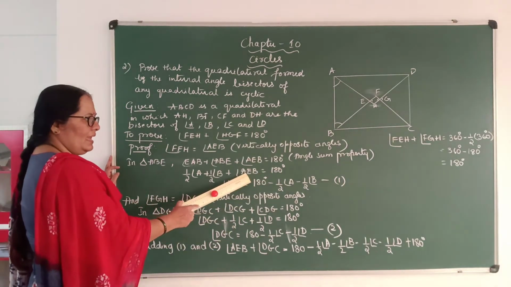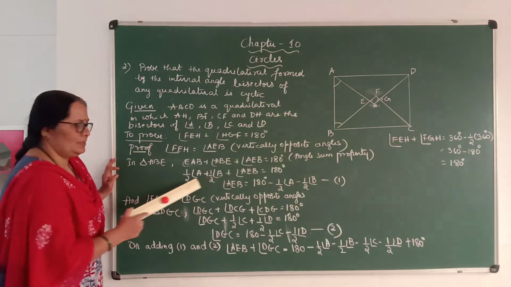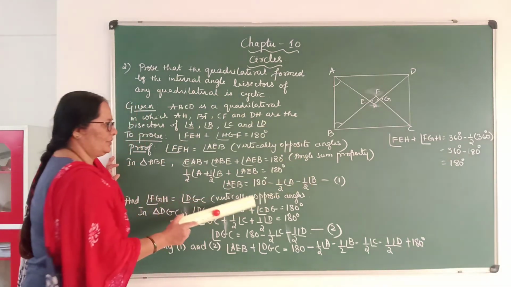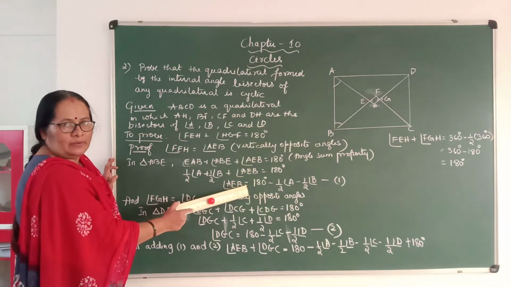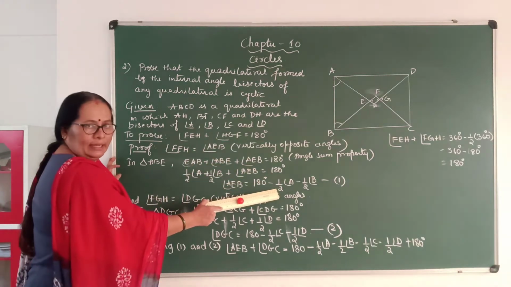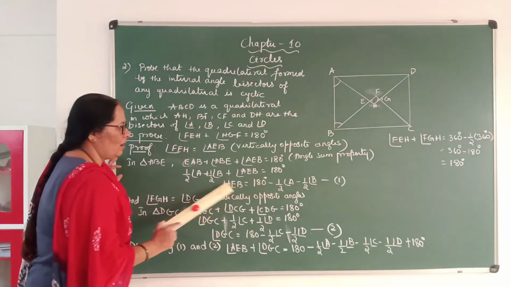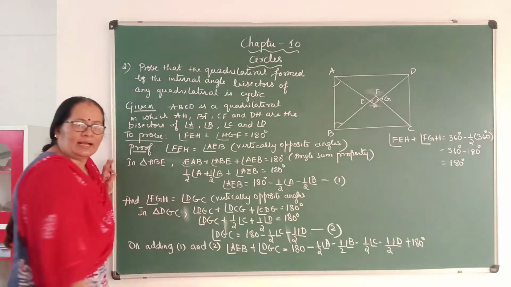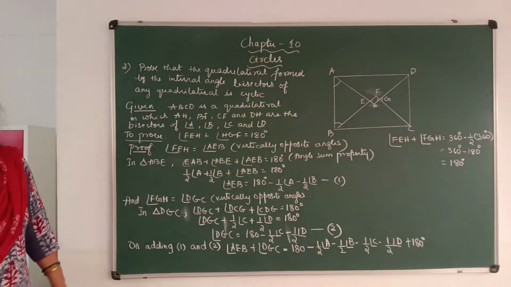So angle AEB equals, take these two terms to the right side. So you get angle AEB equals 180 minus half the angle of A and minus half the angle of B. So take as equation 1.